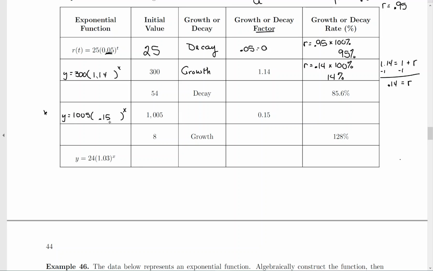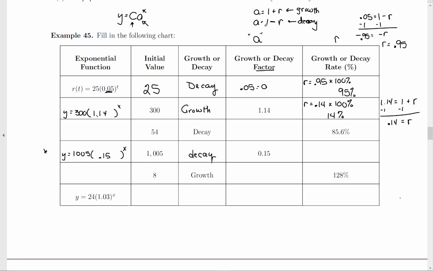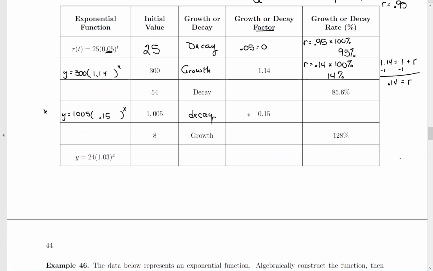All right, because that's less than 1, this is decay. And then again, back to the decay formula, A equals 1 minus R. All right, well, this is A, so it's 0.15 equals 1 minus R.